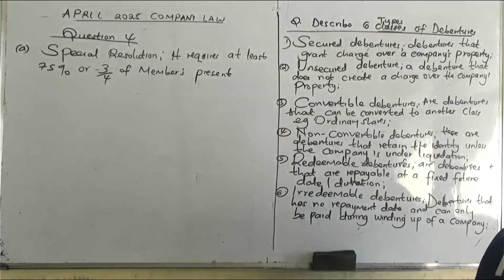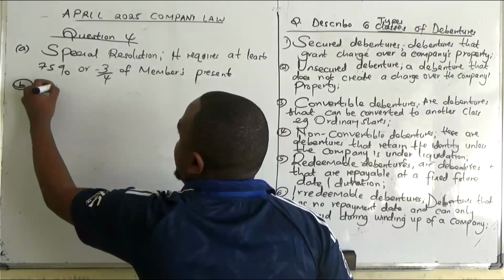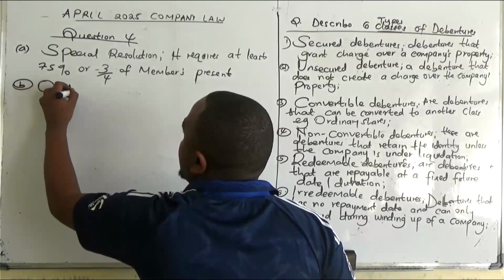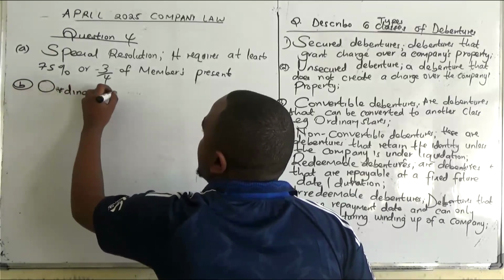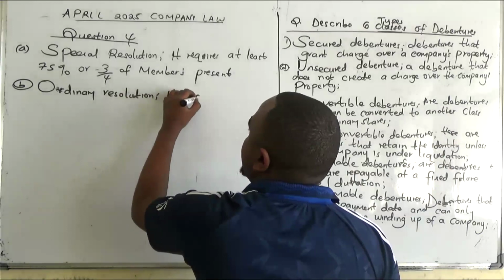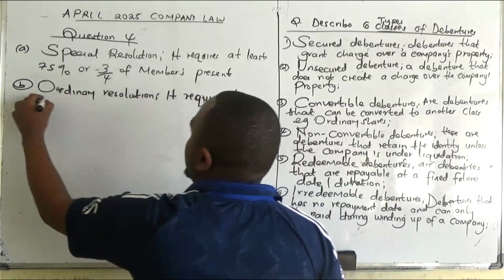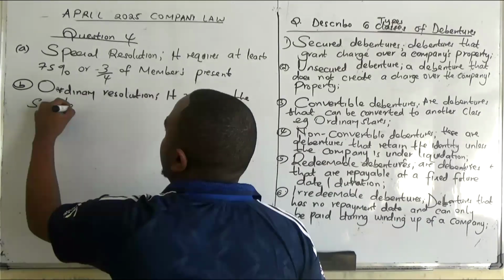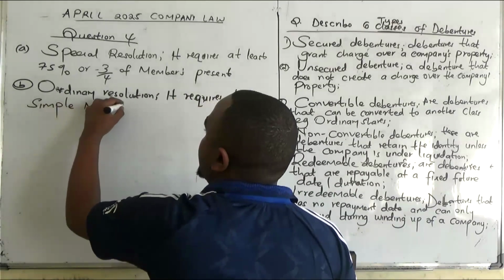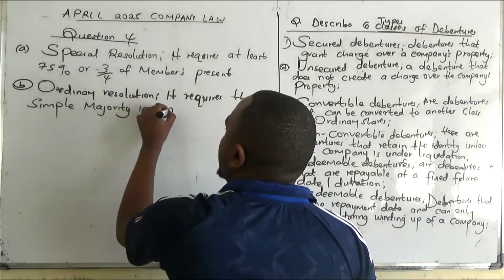Another one, the ordinary resolution, requires the simple majority. That is 50 plus 1.